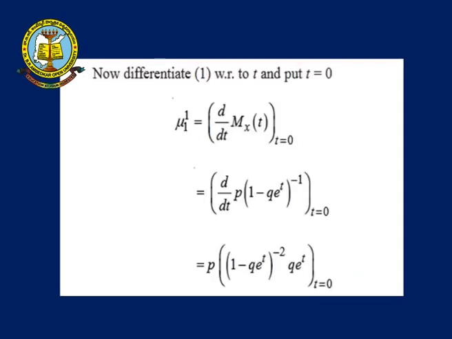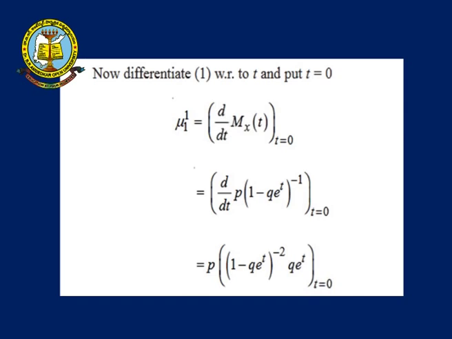Now differentiate equation number 1 with respect to t. What is the differentiation? Differentiating gives mu1 dash, d by dt of M of x(t), put t is equal to 0. Here we are taking t because the function contains t. So d by dt of M of x(t) at t is equal to 0, where M of x(t) earlier was p into 1 minus q e power t whole power inverse.